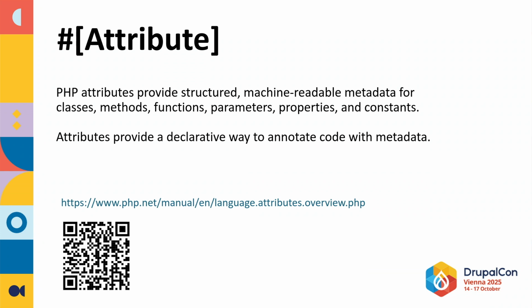The documentation says, and the QR code again links to it: PHP attributes provide structured machine-readable metadata for classes, methods, functions, parameters, properties, and constants. Attributes provide a declarative way to annotate code with metadata. Since Drupal 8, we were using annotations, and this is the language feature that completely replaces that.